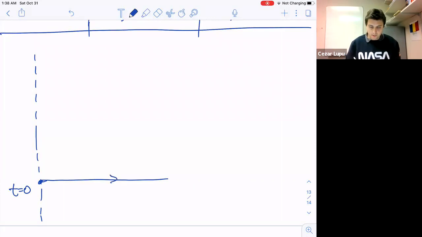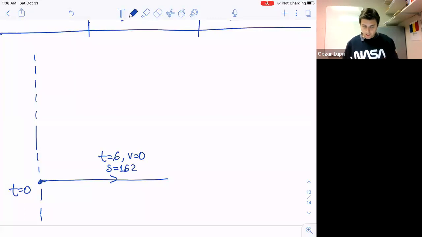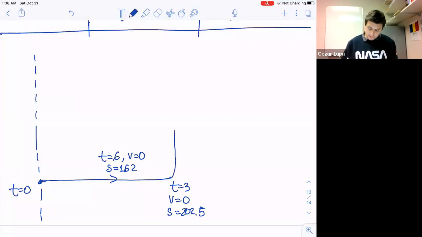So this would be when t equals 6, for example, the velocity will be 0, and s is 162. Then it will go at t equals 3 here, the moment the velocity is again 0, and s is 202.5. And now it will go like this, right?